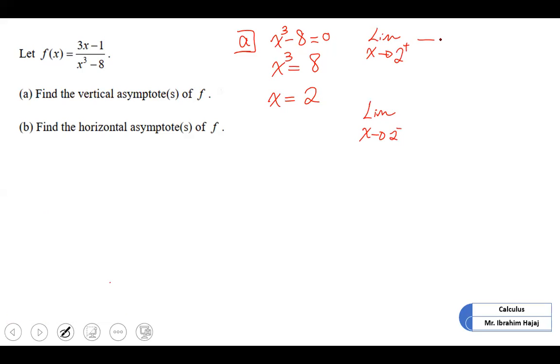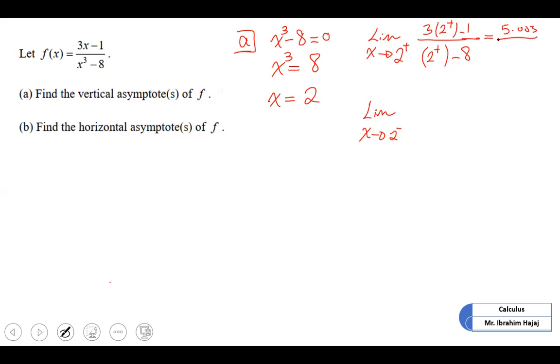Like this: 3 times 2 minus 1, over 2 from the right side, like 2.001 cubed minus 8. Okay, 3 times 2.001, any value to the right of 2, minus 1 equals 5.003.